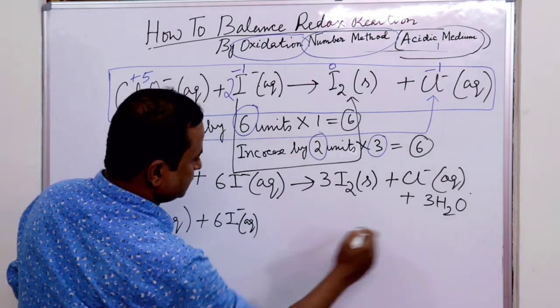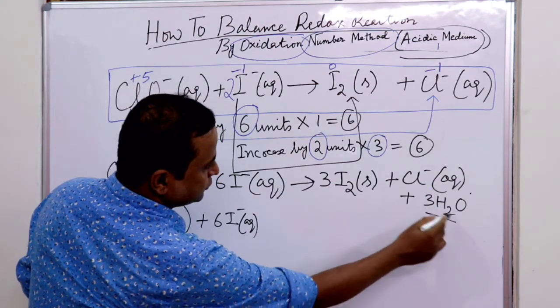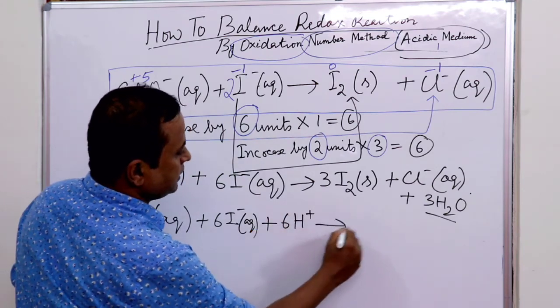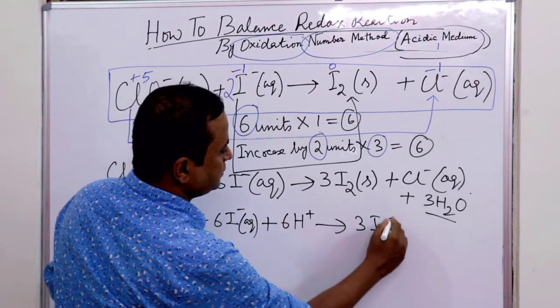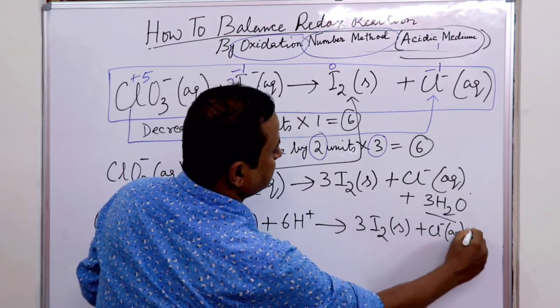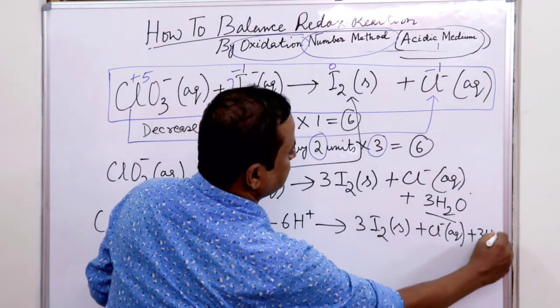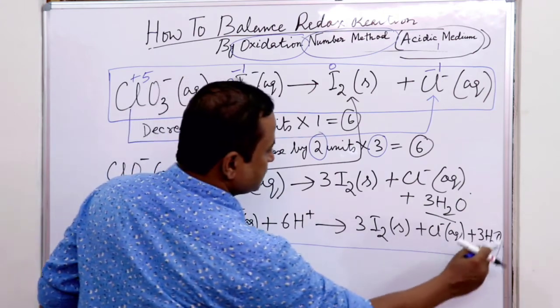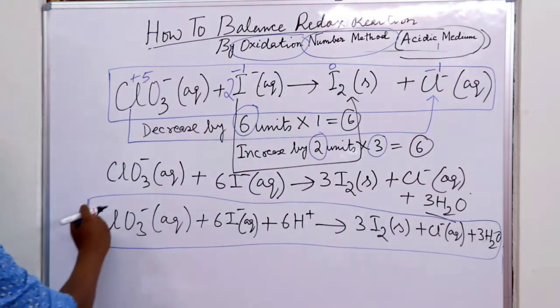I told you, so how many hydrogens? 3 2s are 6, so simply we can write here 6H plus, and then the same, 3 iodine plus Cl minus aqueous and plus 3 water. So this is the balanced redox reaction by the oxidation number method in acidic medium.